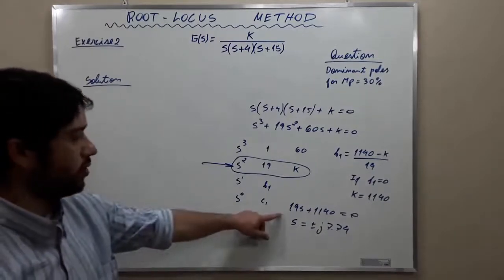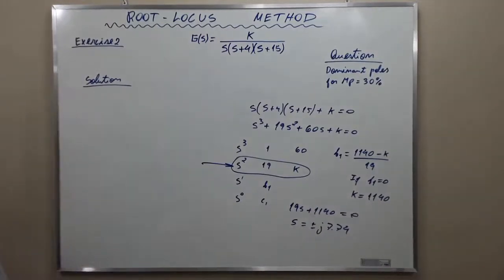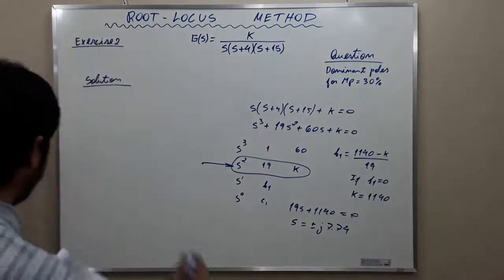This is an auxiliary equation. By making B1 zero, we find K equal to 1140. In making use of the auxiliary equation for the term s squared, we find that s is equal to plus minus j7.74.